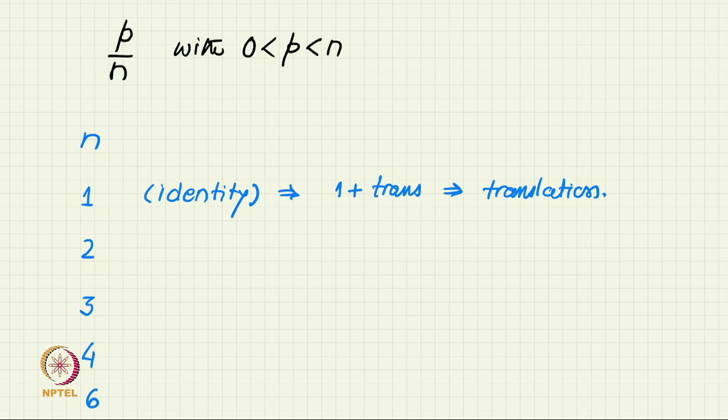With 2, the only value of p possible is 1. So I will use the notation 2 1 to represent this screw. So a screw for which, let me define that.